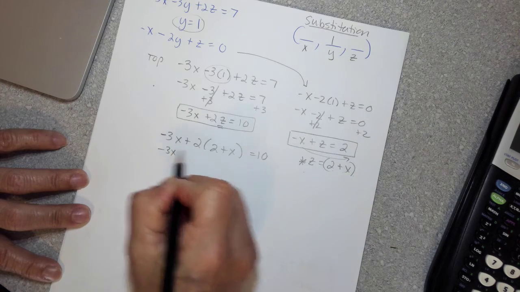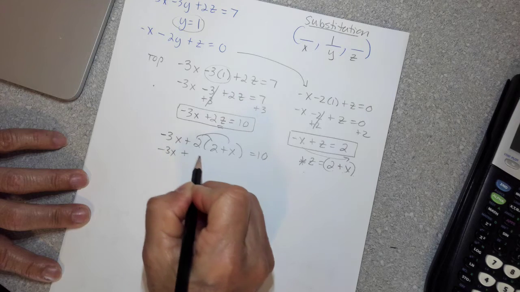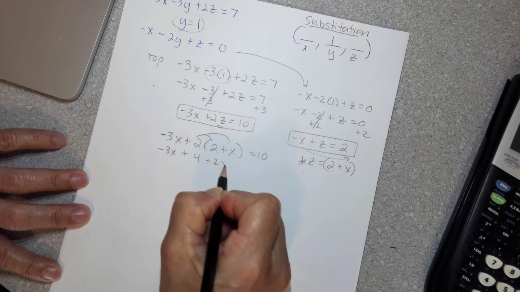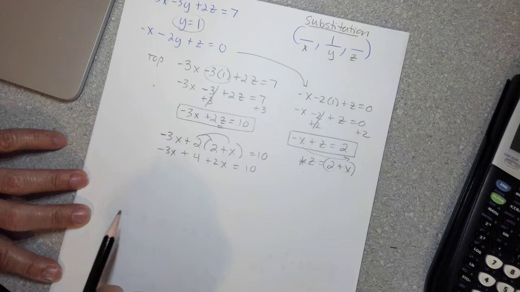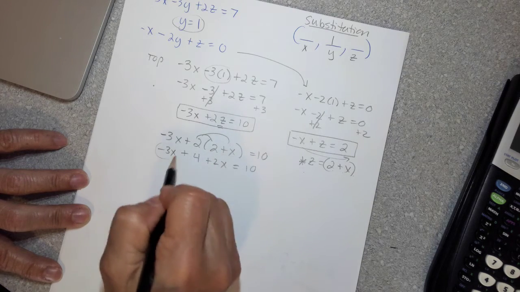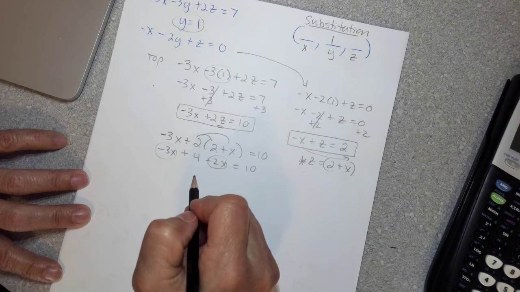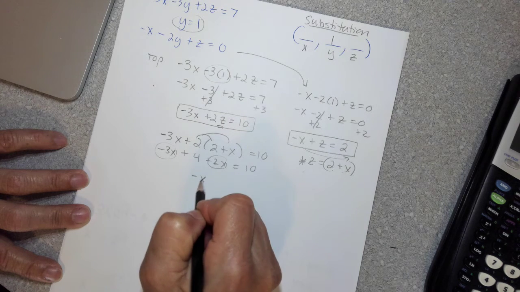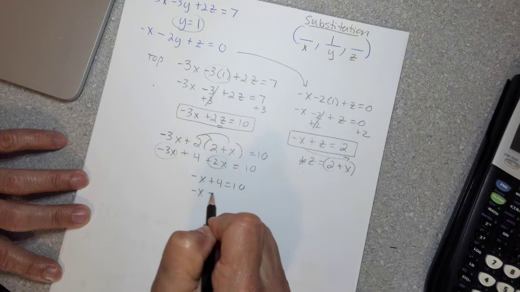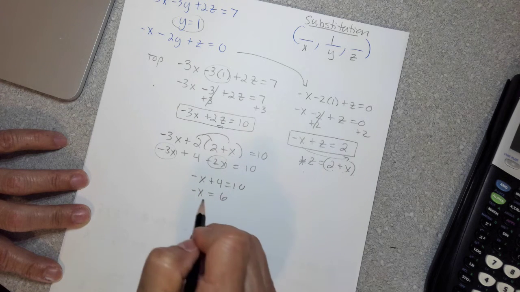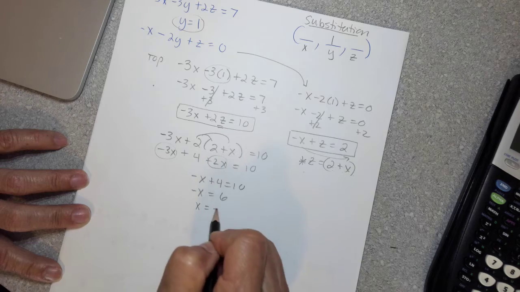So now I'm going to distribute the 2. So I get 4 plus 2x equals 10, and it only distributes to the things that are in the parentheses. These two are alike, so negative 3x plus 2x gives me a negative 1x. Then I can subtract that 4 to the other side and divide by a negative 1.